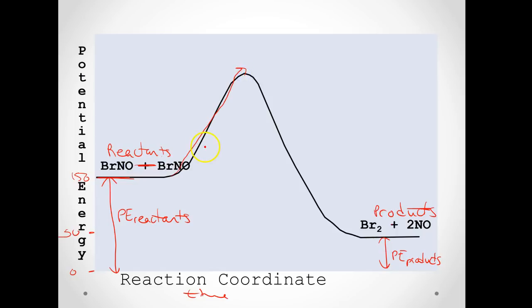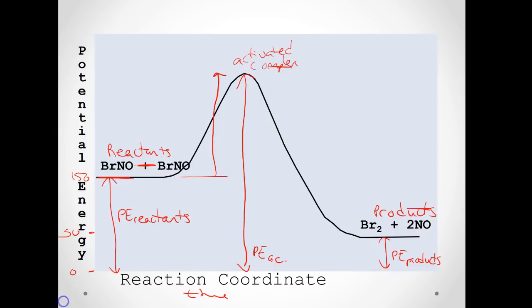And this hill represents the amount of energy it takes for them to turn into the products, because up here is the activated complex. What happens when they actually collide at that moment of collision, and it has a lot of potential energy.